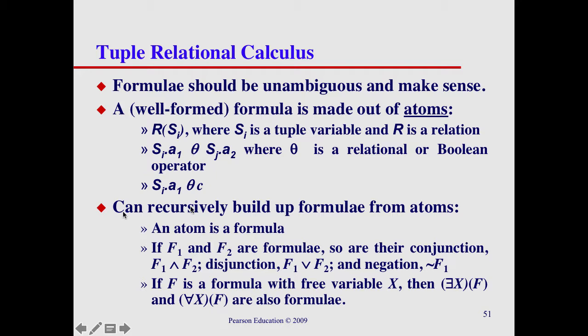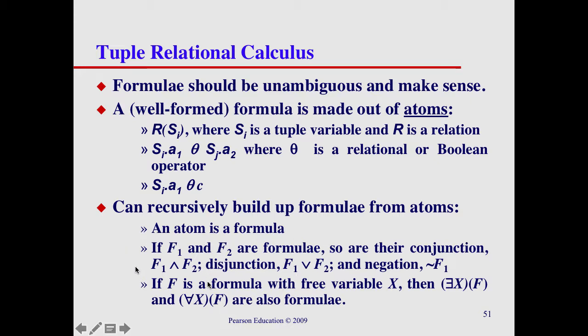And then we can recursively build up the formula. Any atom is a formula. So is their conjunction or disjunction, so F1 and F2, F1 or F2, or the negation. You can see we use the arrows or carets, whichever way you prefer to think of them, and the not operator is a tilde.